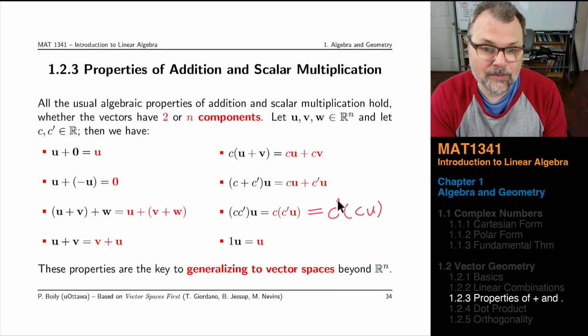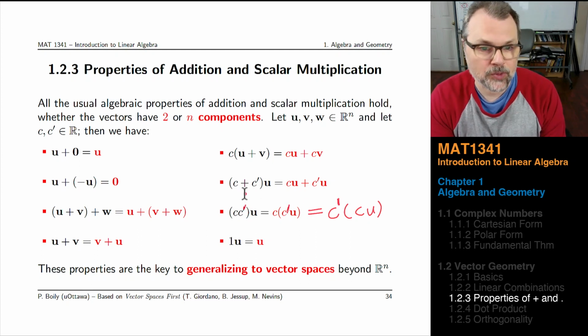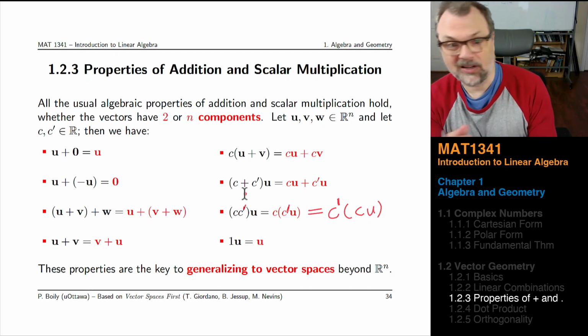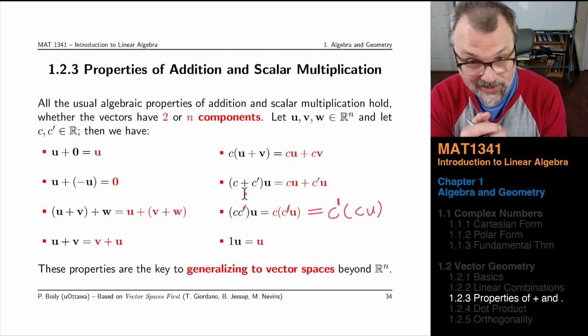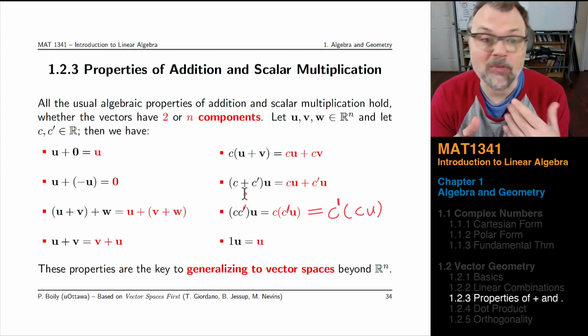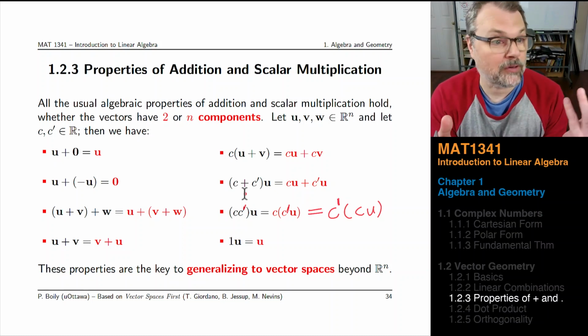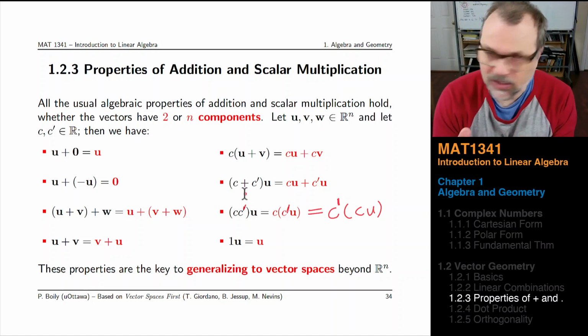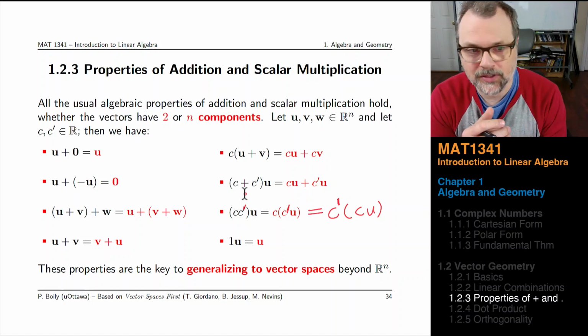Now, when we write prime here, you've got to be careful. We're not talking about the prime of calculus, which is a derivative. You're not differentiating a constant to get 0 here. c prime just means some other constant, potentially different, but not necessarily, from the initial constant c.